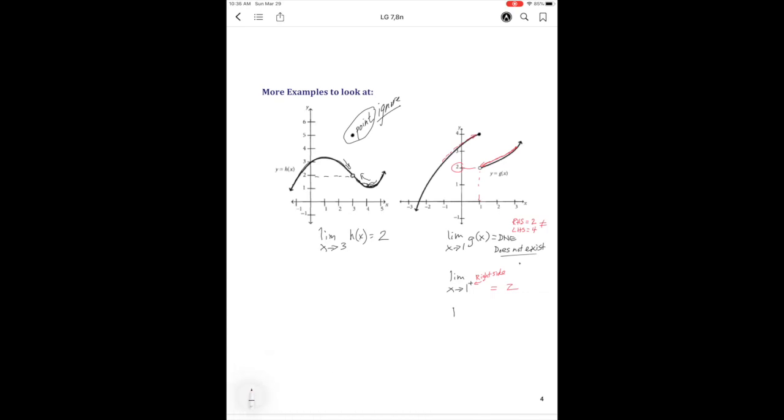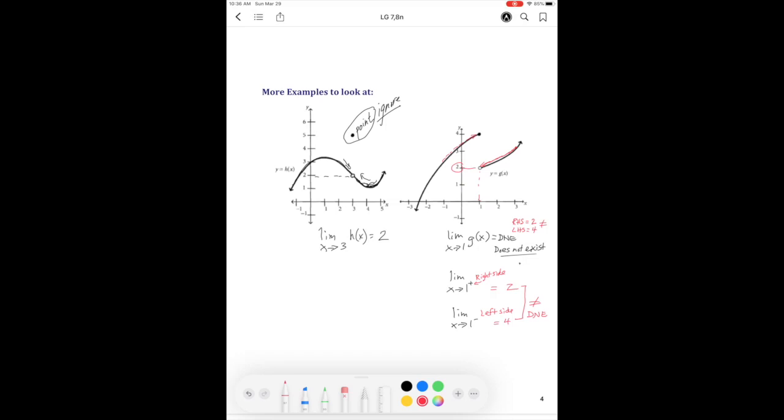And as the limit approaches 1 with a little negative sign, that is the left side. We know the answer was 4. So because these do not equal, that's why we have a DNE, does not exist. Okay, so you have to really know those notations, those plus and those minuses.